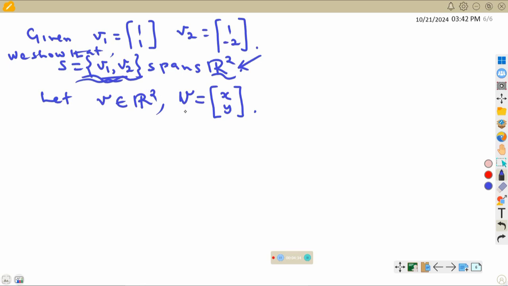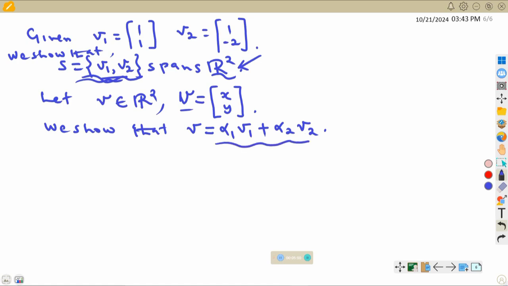Now, if we pick V from R2, we need to show that this V can be written as a linear combination of these vectors. In other words, we need the scalars alpha 1 to be multiplied with V1 and alpha 2 to be multiplied with V2. So if this is possible, then we shall be able to say that this given set spans R2, because any arbitrary vector you pick from R2 can be expressed as a linear combination of V1 and V2.